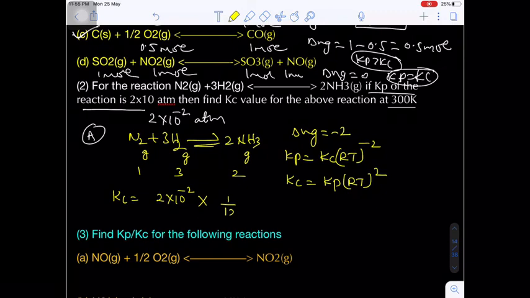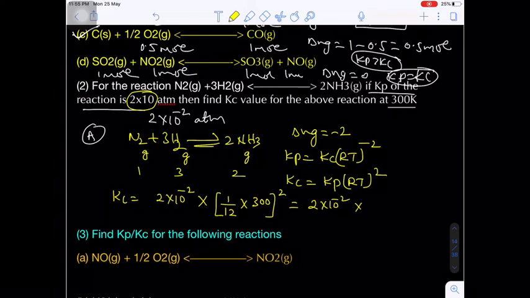I told you 1 by 12 for simplification, into what is the temperature given to you here? 300 whole square. Okay, so 2 into 10 raised to minus 2, 2 into 10 raised to minus 2. Here the 3 terms will be cancelled.